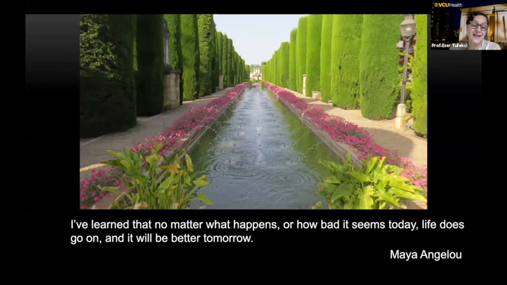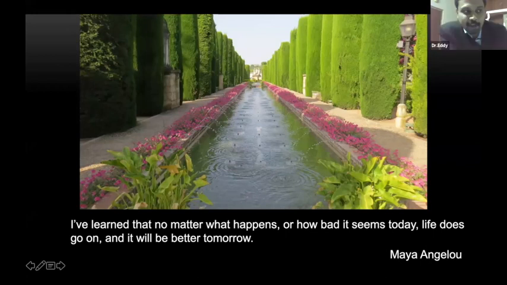She said, I've learned that no matter what happens or how bad it seems today, life does go on and it will be better tomorrow. So I hope you stay safe and healthy. And I certainly hope that I will be able to go visit India, the country I always wanted to go, soon. Thank you so much for having me. This was such a great honor. So thank you. Thank you very much, ma'am.